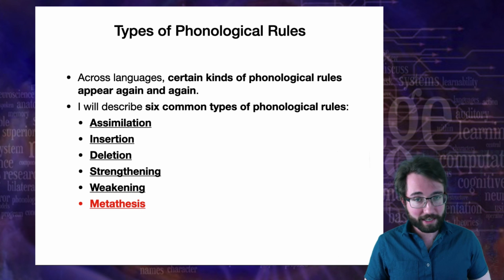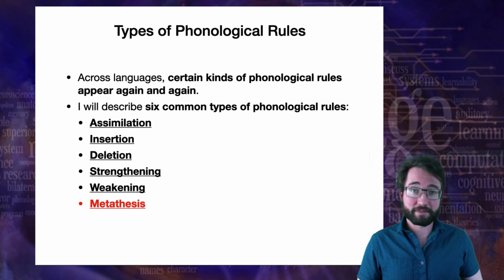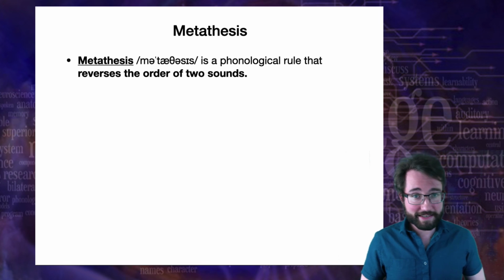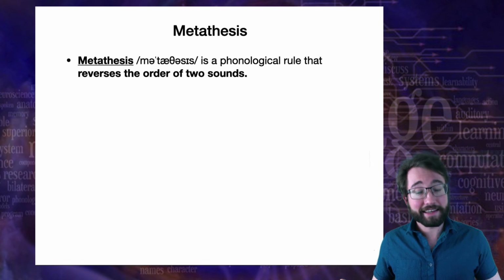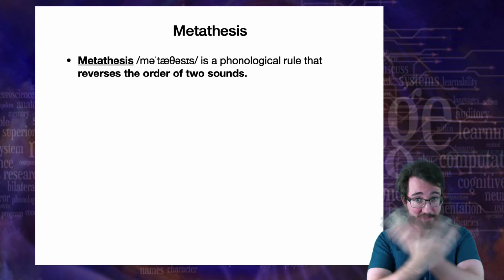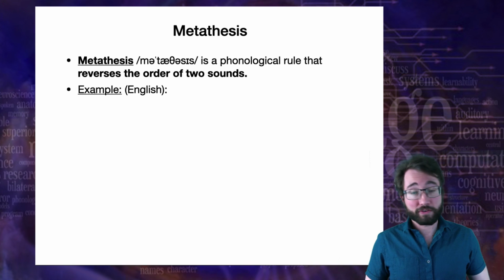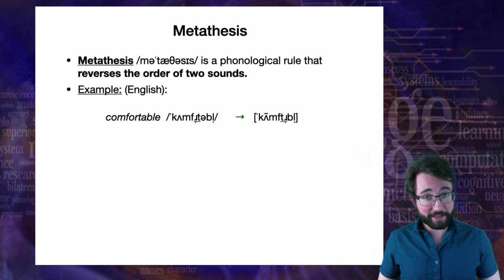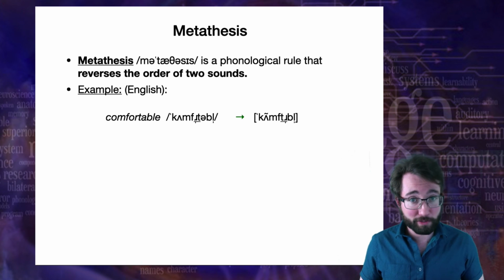And the final kind of phonological rule that I'm going to talk about is metathesis. Metathesis is a phonological rule that reverses the order of two sounds. So it swaps the order. So for example, in English, a word like comfortable, the phonemes are comfortable, but as it's pronounced, especially in faster speech, it comes out as comfortable.